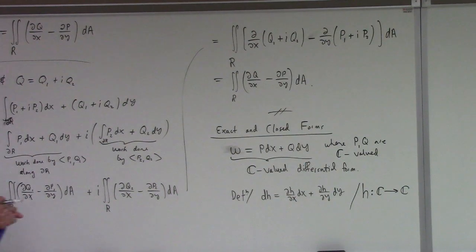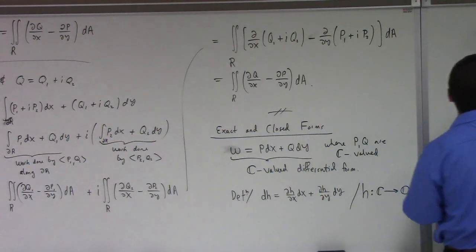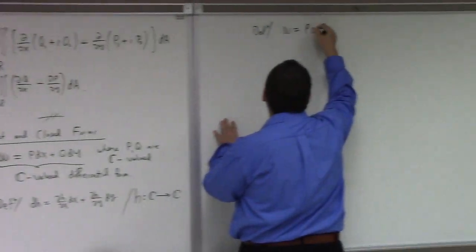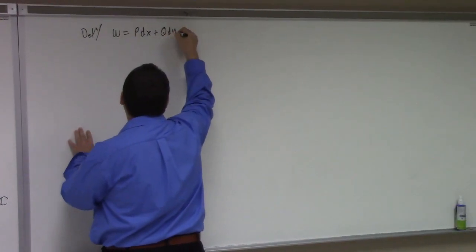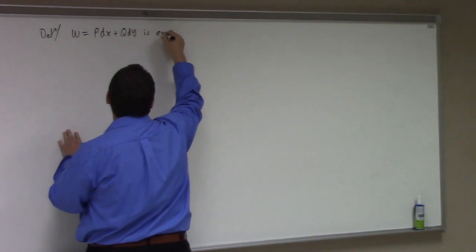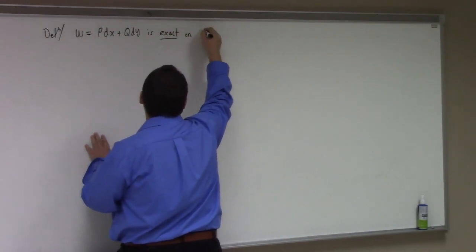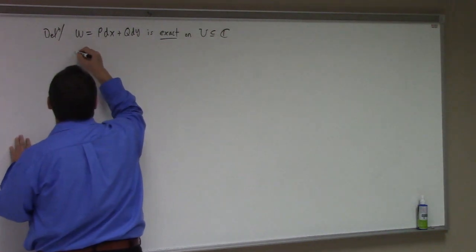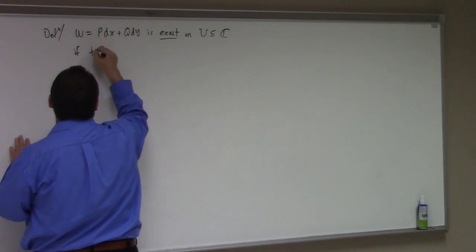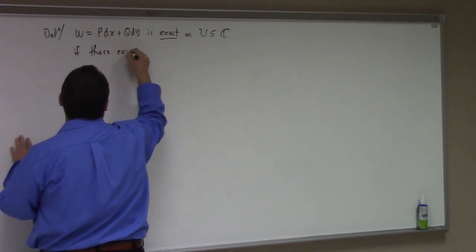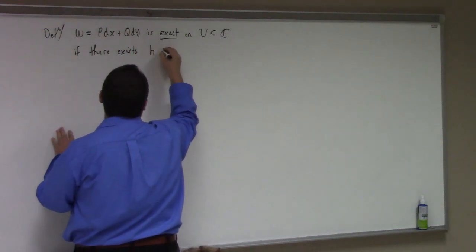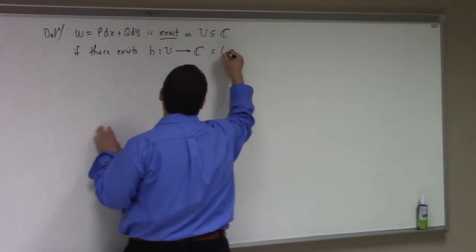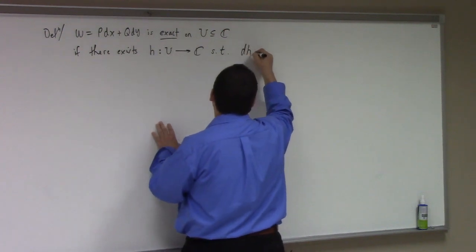Now, definition: omega equals p dx plus q dy is exact on U, which is a subset of the complex plane, if there exists h, which is a function from U to C, such that dh is equal to omega.